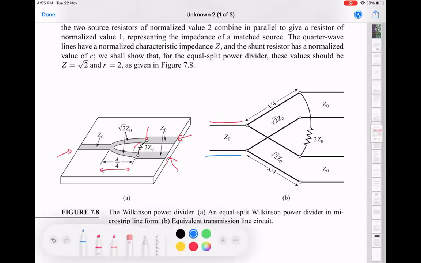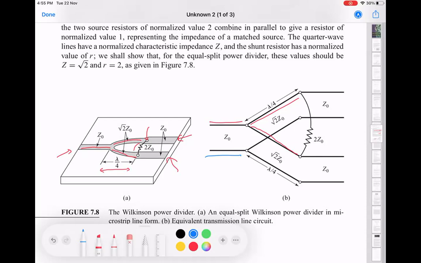Then the transmission line splits into two arms, which is this arm here and this arm here, and that's basically this part, right? And this original one was this part. The blue is just ground, so there is really no notion of that having a characteristic impedance.